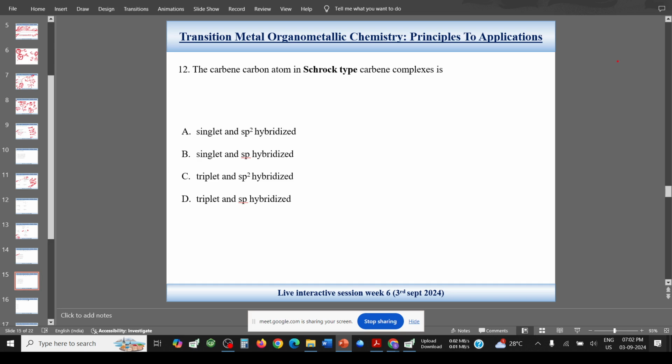The options are the same. What will be the answer?